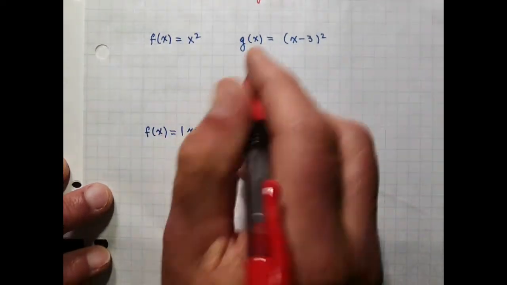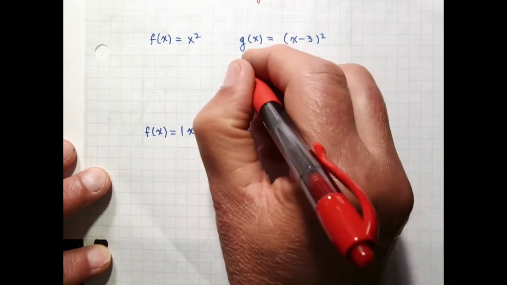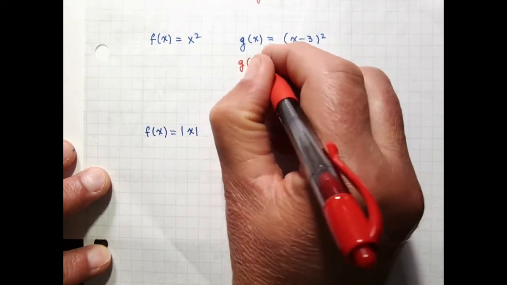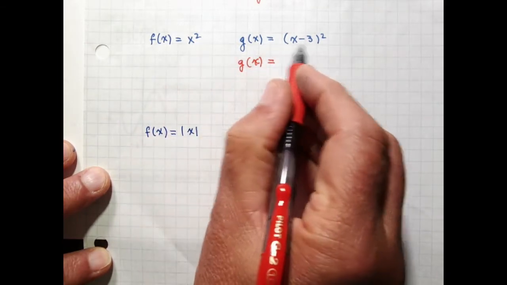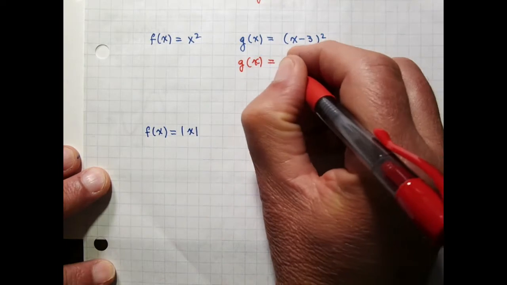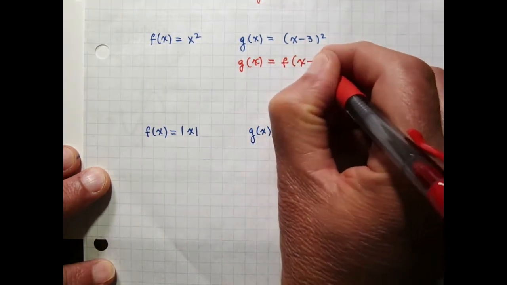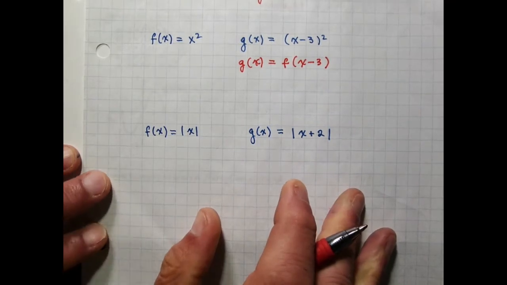In the third example, it's a little bit different. We can still bring in the function f, but we can't just substitute in f of x. We've got to realize that this is like a composition. So this is actually f of x minus 3. No squaring, just writing f of x minus 3.